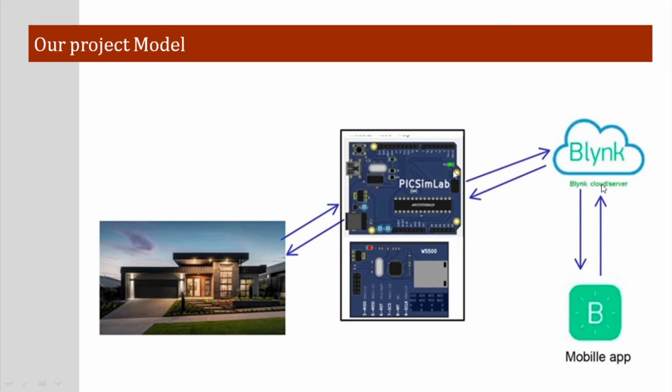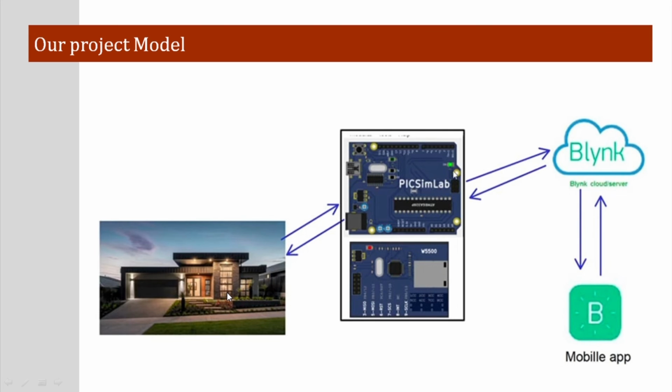We send the instructions, and then they go to the Proteus, I mean the Arduino Uno board, and here it processes that instruction and sends the instructions to the devices in the home.